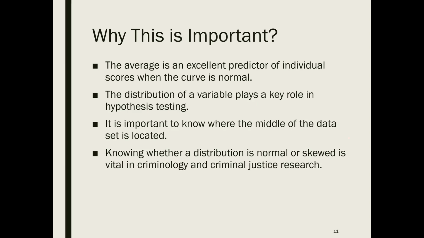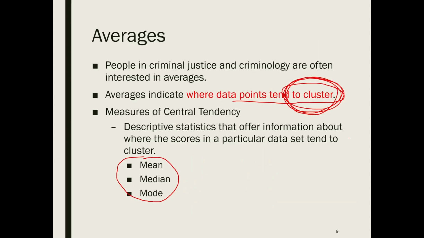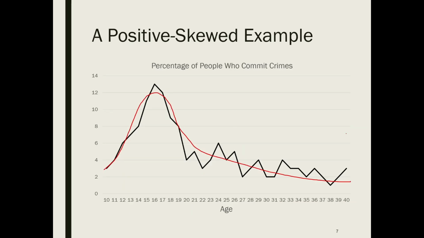It is also important to know where the middle of the data set is located, just as we showed here. And knowing whether the distribution is normal or skewed benefits criminology and criminal justice researchers. For example, take a look at this very positive skewed example about age and crime.